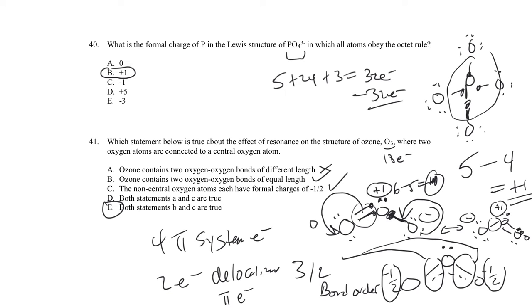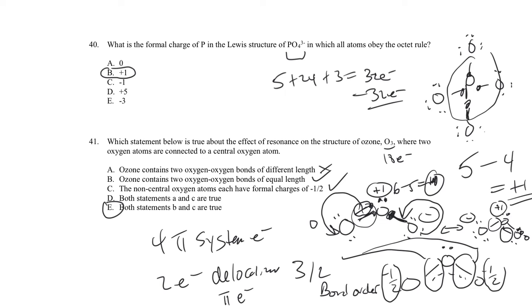Totally different questions. To be honest, I argue with my colleagues about this because they don't seem to understand the difference between the two ideas. The pi system are all the electrons involved in the pi system, and the delocalized electrons are the electrons actually delocalized in the bond. It's like this extra electron pair that's being delocalized over to here. And so you can count those 2 electrons as being the delocalized pi electrons.